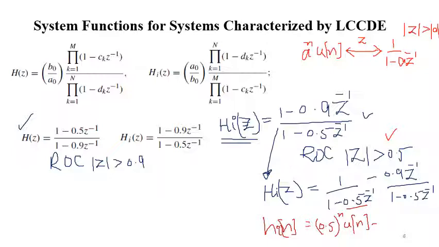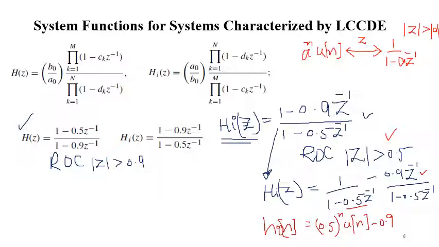Because the Z transform is linear, if you scale the time domain signal, the Z domain signal will also be scaled by the same factor. So we write 0.9. Again, Z to the power minus 1 indicates a shift, a 1 unit delayed signal.